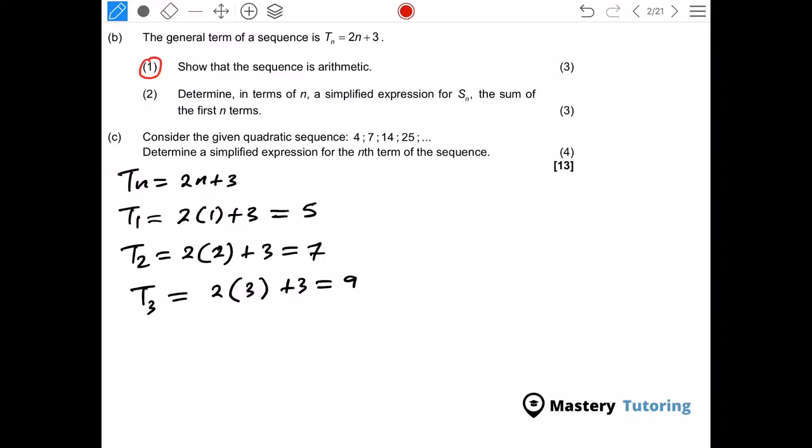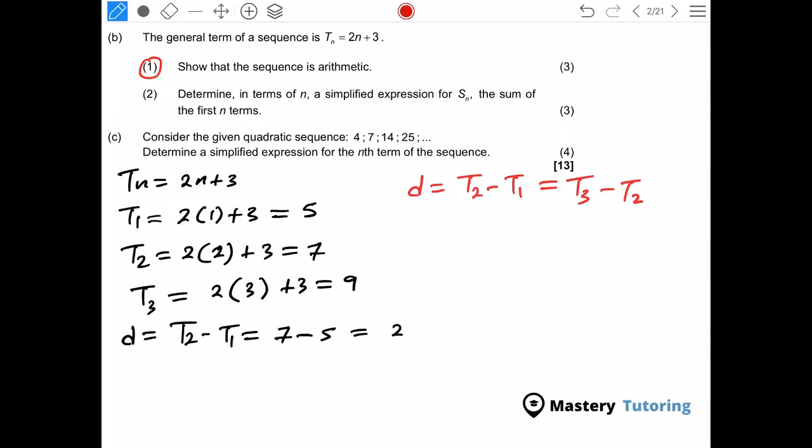Remember what I said: we need to calculate the common difference. D is given by T2 minus T1, which has to be the same as T3 minus T2. If these are not the same, this cannot be an arithmetic sequence. So let us find out. D is T2 minus T1, which is 7 minus 5, giving us 2.